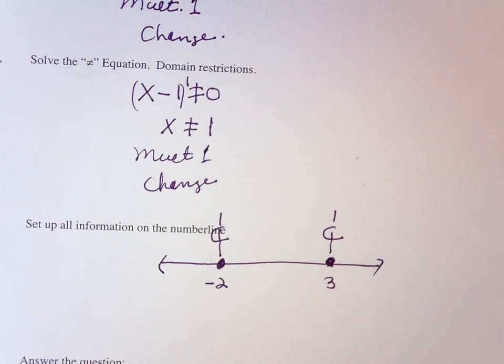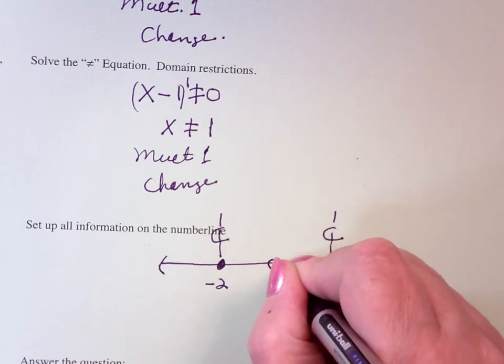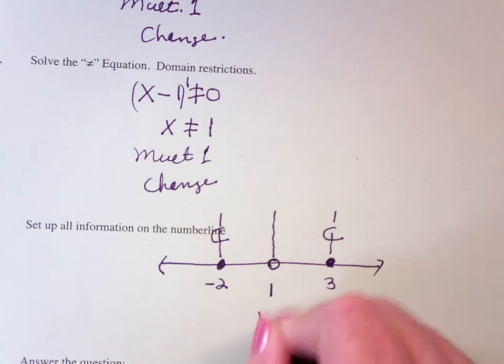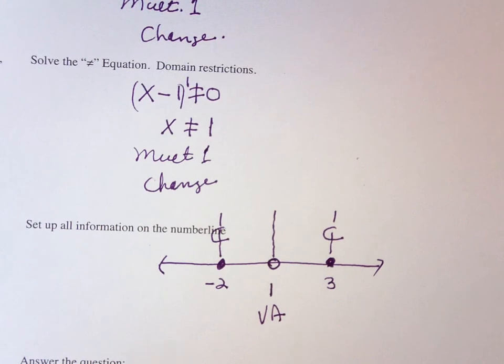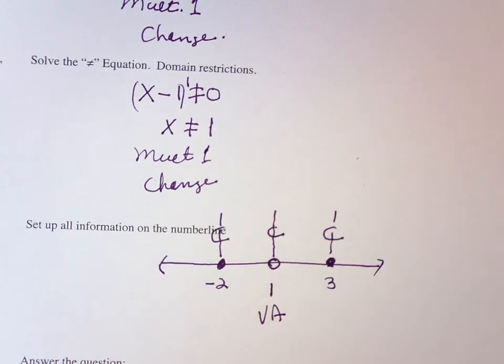And at 1, I have a VA. And that's an open dot because it does not include. And it's also multiplicity 1, so that means the arrows go in opposite directions.